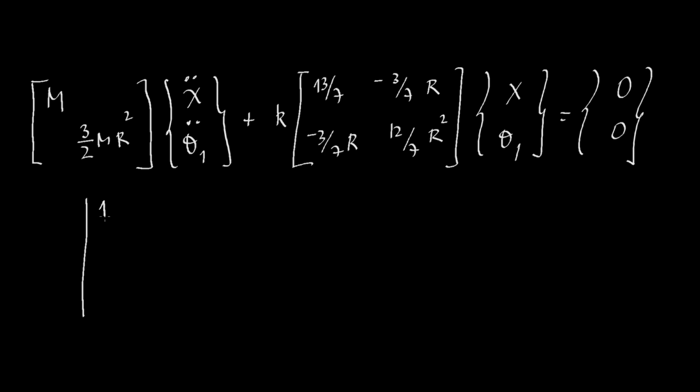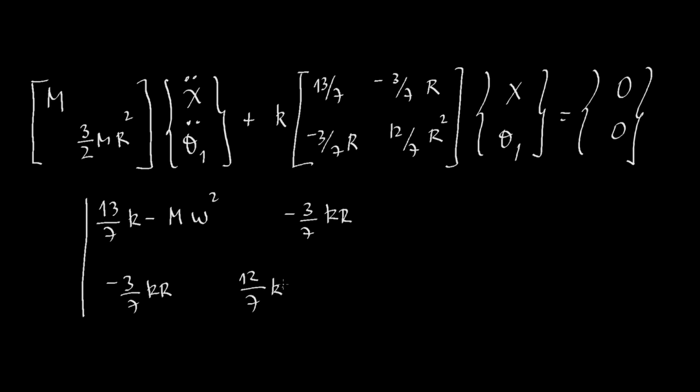In other words, we have to find this determinant and set it to 0. So, the classic determinant: this diagonal here, I will multiply this term by this term, minus the product of this one and this one, set to 0.